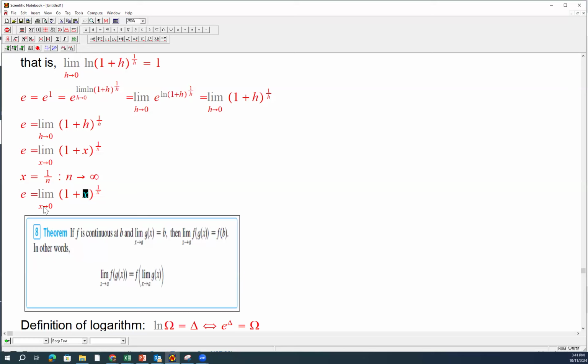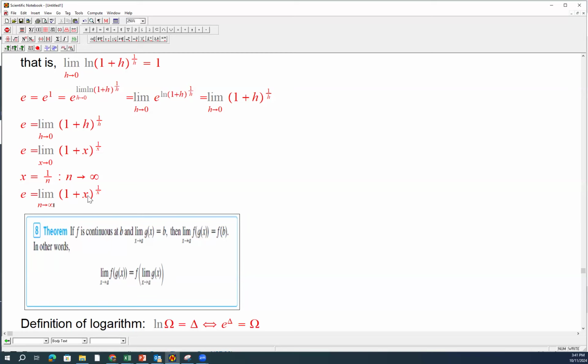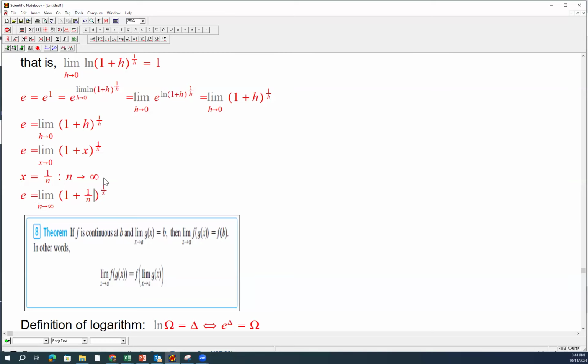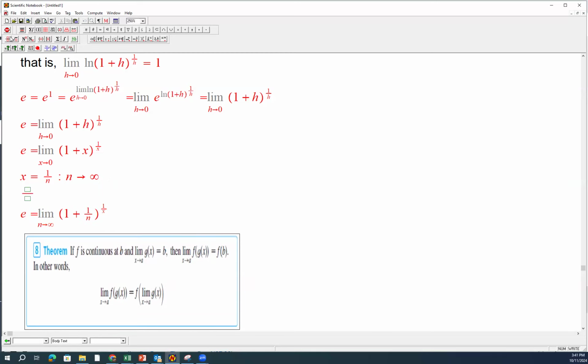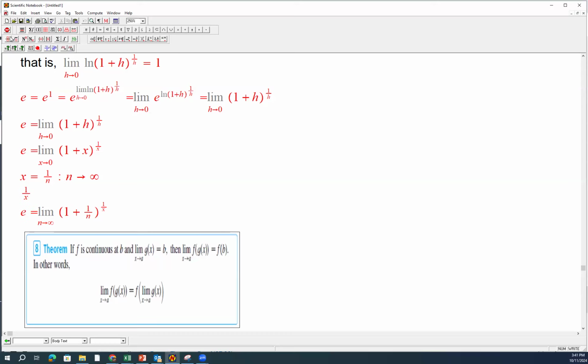So in this version, when x is approaching 0, n is approaching infinity. We're going to substitute everything by n. So n is going to be approaching infinity, x will be replaced by 1 over n, and 1 over x is going to equal n.